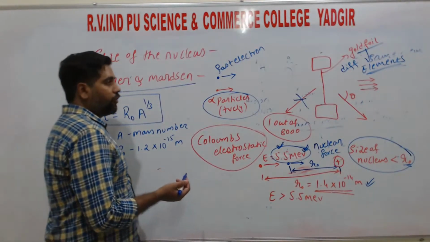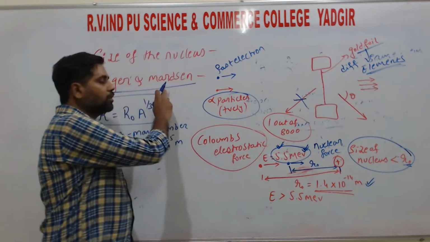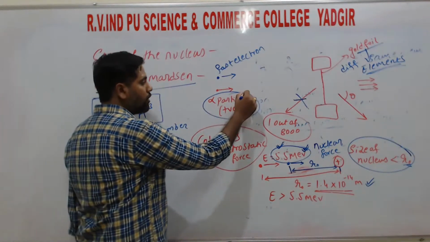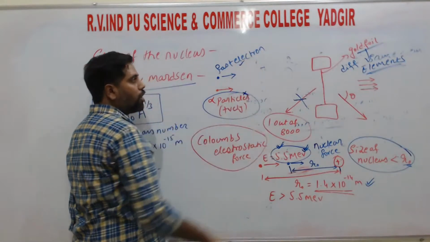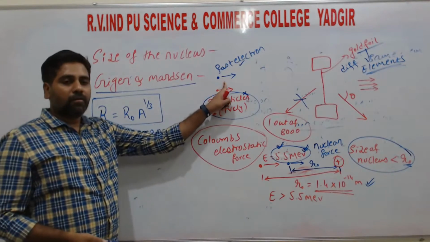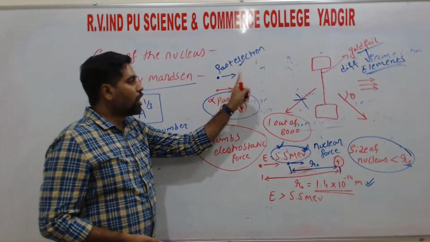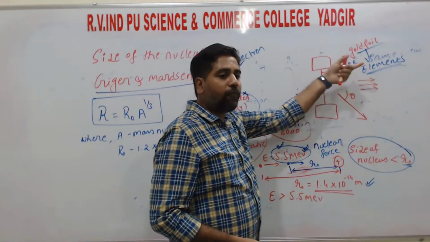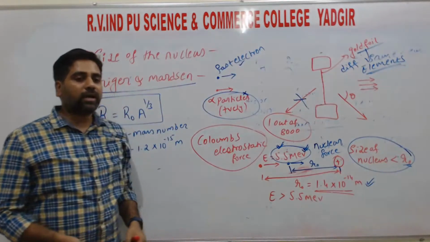Later, for different elements, Geiger and Marsden continued the experiment by replacing the alpha particle with a fast electron, that means an electron moving with higher velocity. He also replaced the gold foil with different elements, and he found the nucleus of the different elements.